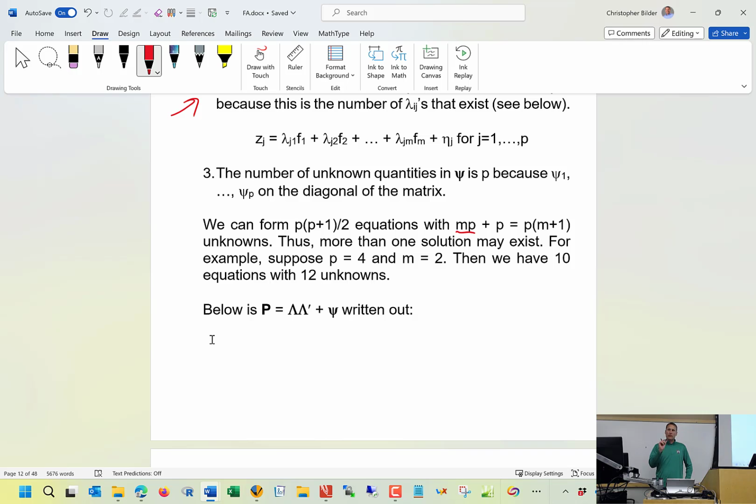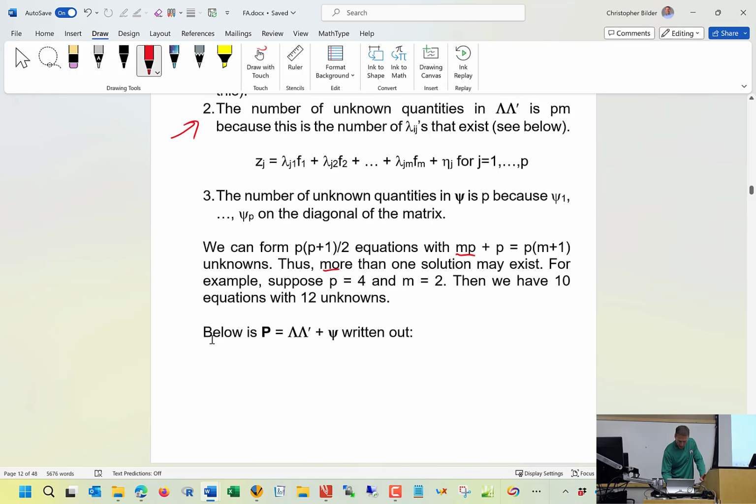If those numbers don't match up, you can have problems. And in fact, this is what will happen here. So for example, more than one solution may exist, meaning that there could be more than one set of lambdas that actually satisfy our system of equations.